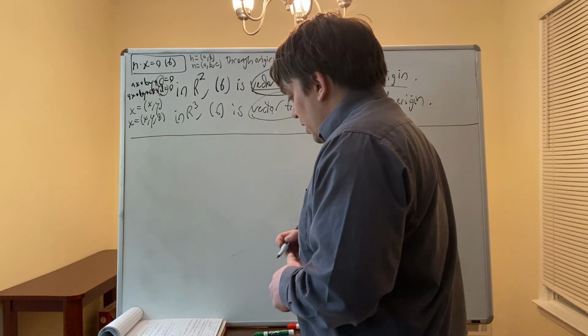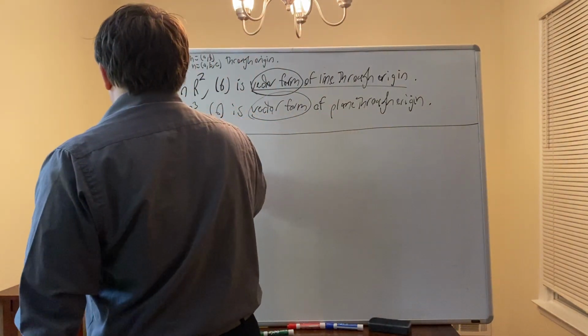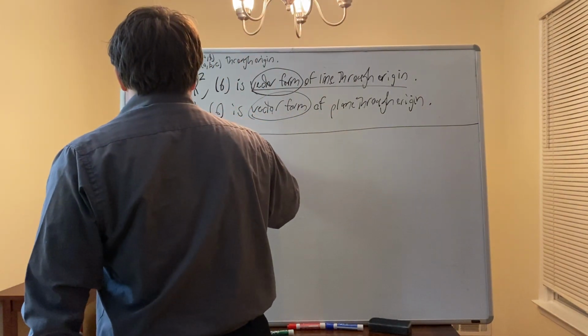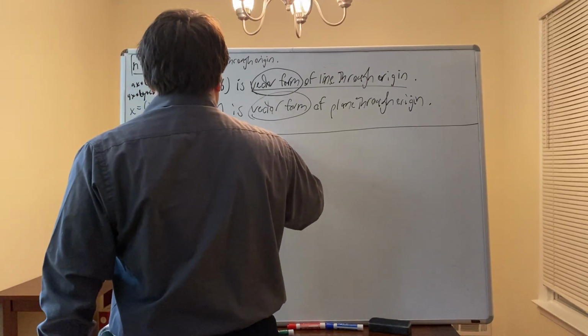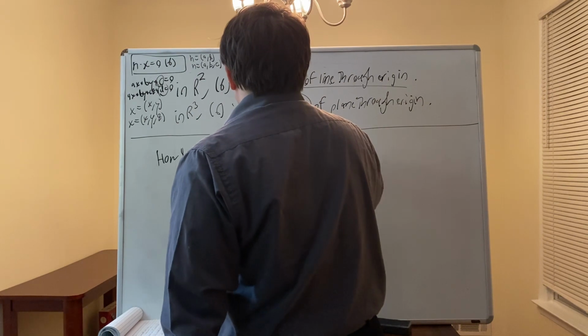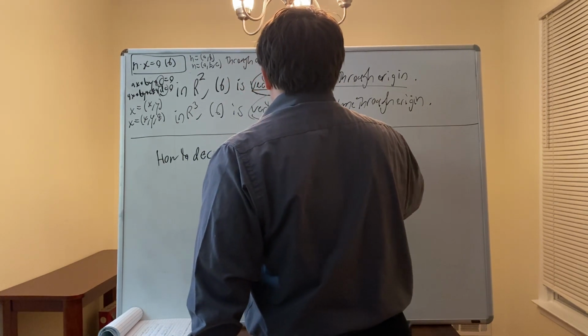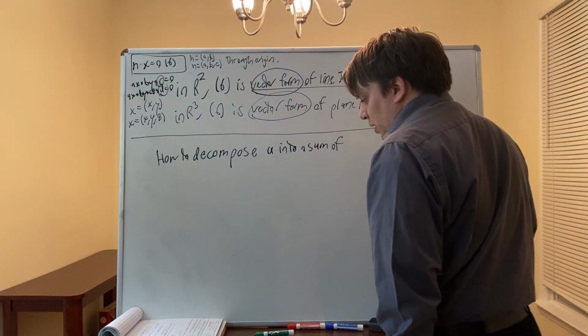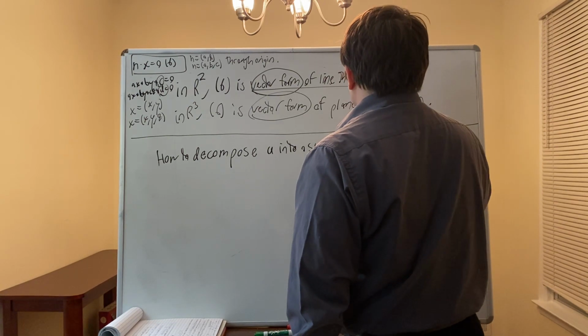The next thing we want to talk about now is going to be how to decompose U into a sum of 2 orthogonal vectors.